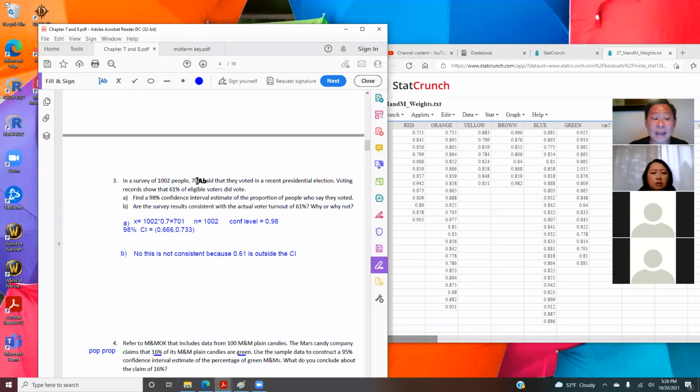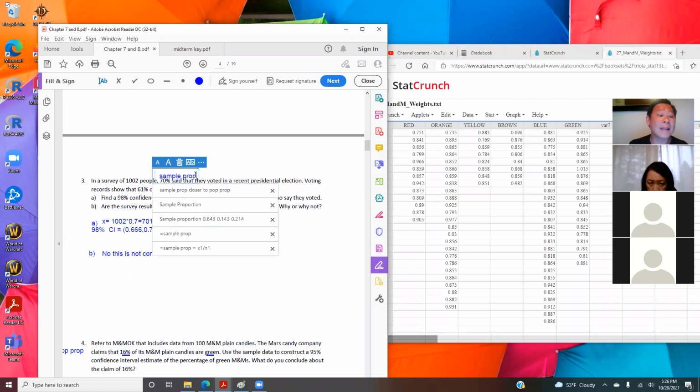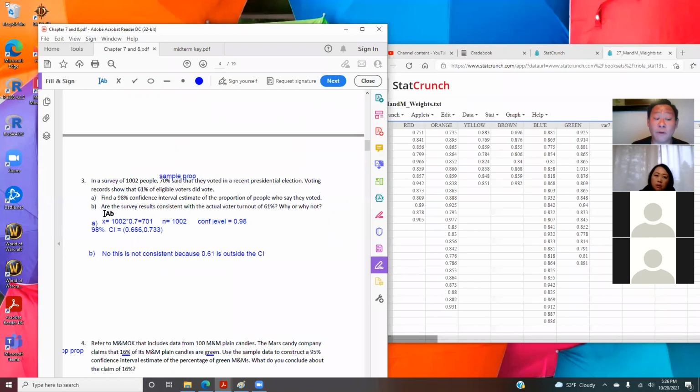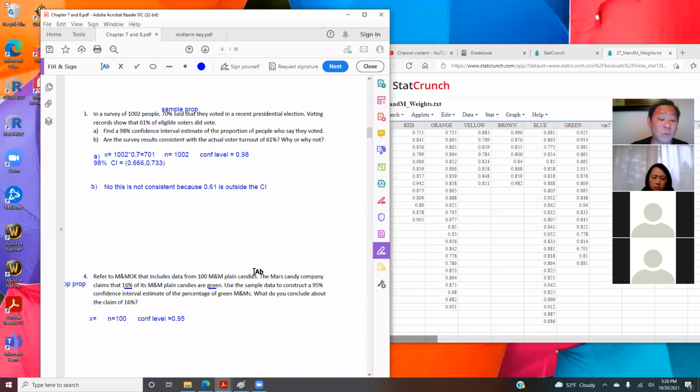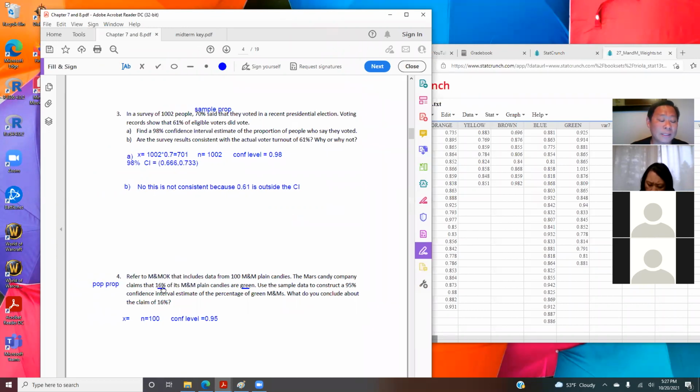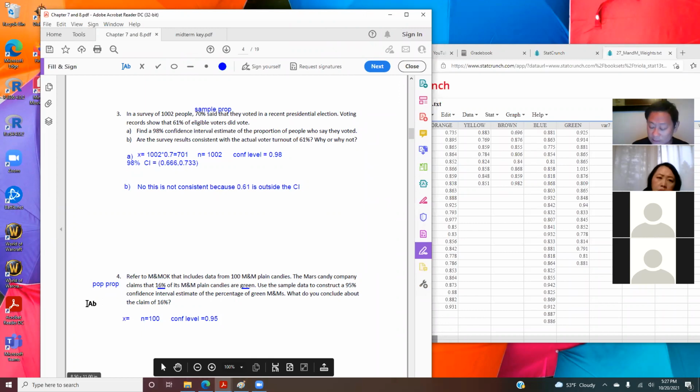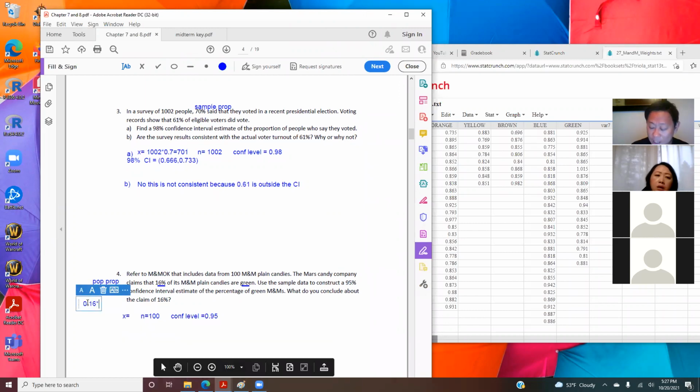If you look at question 3, the 70% comes from the survey, so that is your sample proportion. You can do it this way on number 3, but on question 4 you cannot, because this 16% is the population proportion. This is wrong in this case.